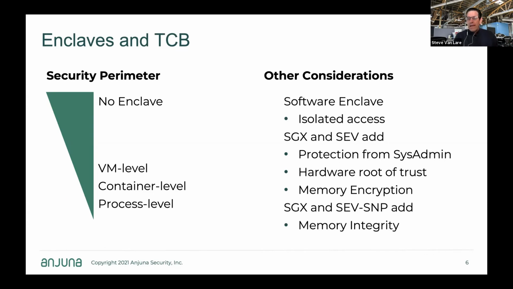SGX from the start has offered memory integrity, whereas for AMD, that came later in the SNP release of SEV. And memory integrity, really, there are two things associated with this. One is, do I have any guarantees that nobody else can tamper with the memory? So when I want to measure the code I'm looking at, how much of a guarantee do I have there that there's not another process that, even if there's encrypted memory, can swap out data and try to manipulate your application in adverse ways?